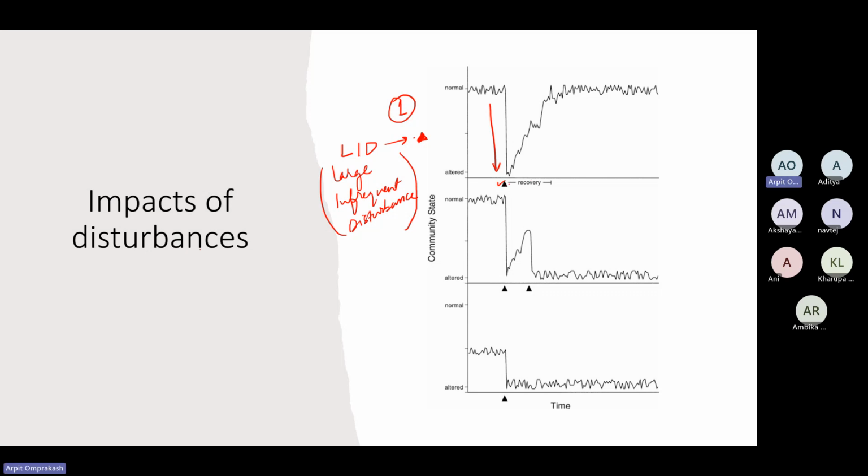Then slowly the community starts to recover, and the community state comes back to the normal. After some amount of time, the community has come back to somewhere close to its original normal value. The time it takes to bounce back to the original value from the time of the large infrequent disturbance is called the recovery time.